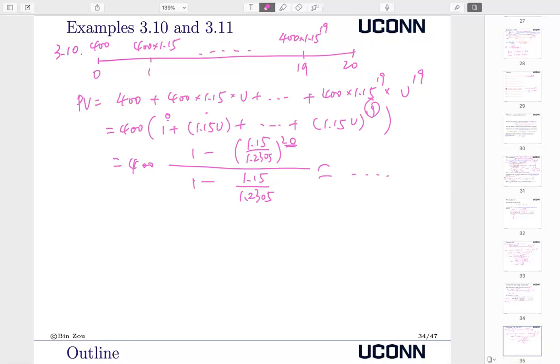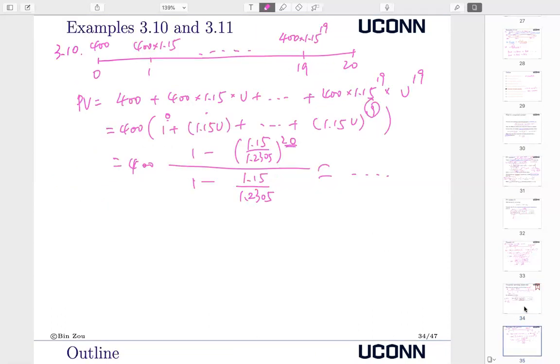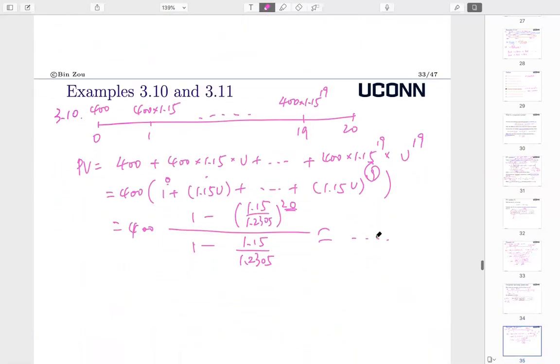I don't like you to actually apply whatever formula the textbook gives you. It actually has a formula, but it's not something I would like you to use. But if you really want to apply it, the formula is here. You get j first. For instance, for our example here, you do i, which is 0.2305, minus e, i minus e is 15%.